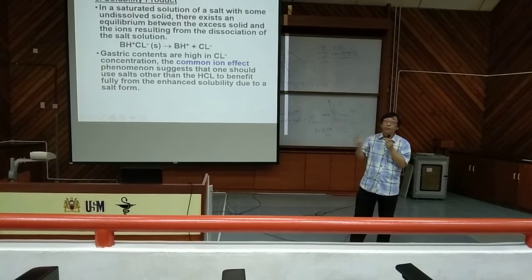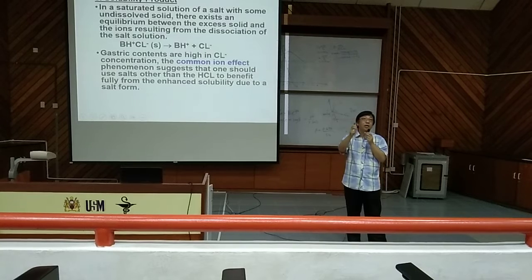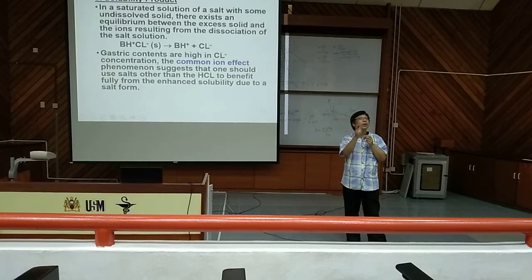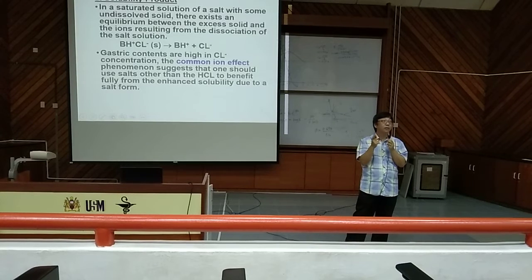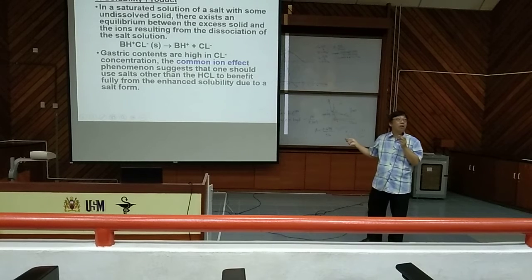So assuming you take a drug, and this drug is acidic, what happens to an acidic drug if you put it into an acidic environment? What happens? Solubilize? No. Correct? An acidic compound in acidic pH is in unionized form. Correct? This is called common ion effect.